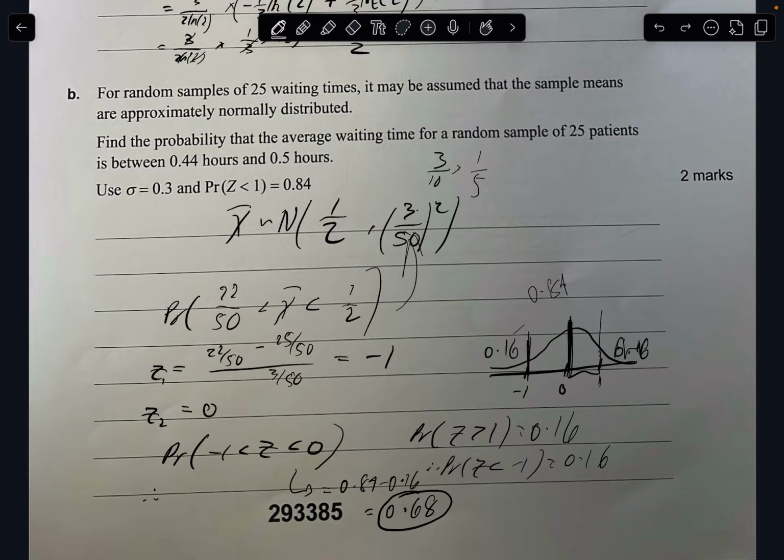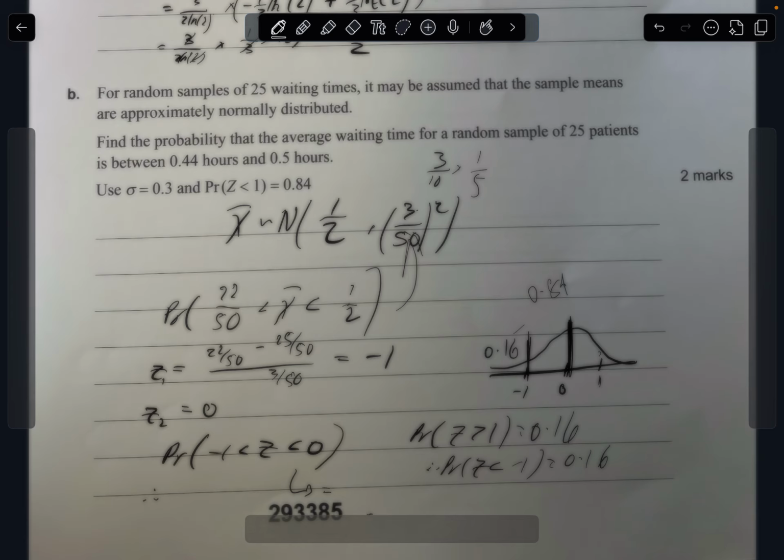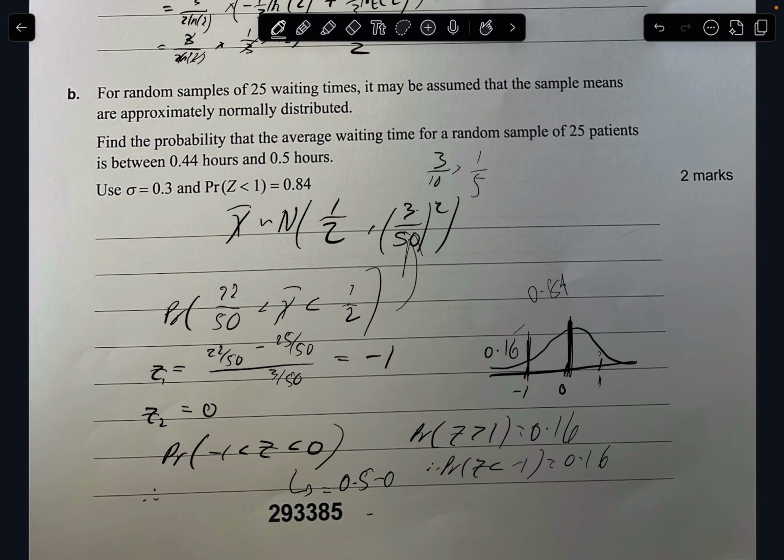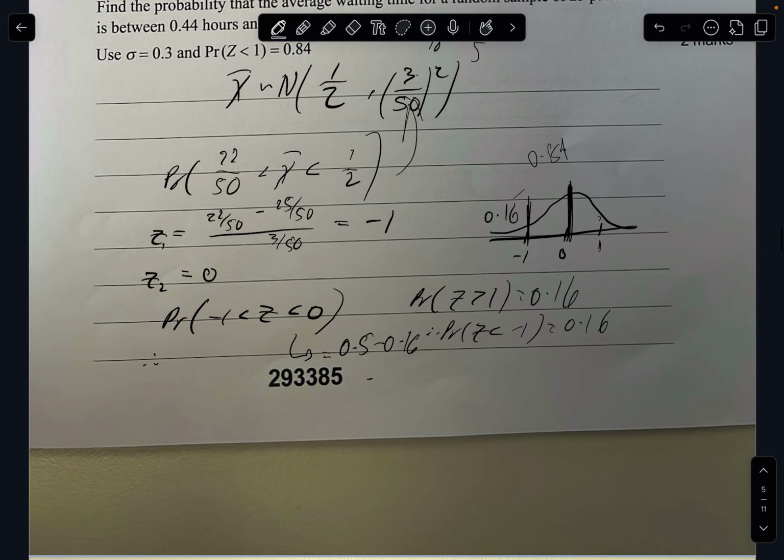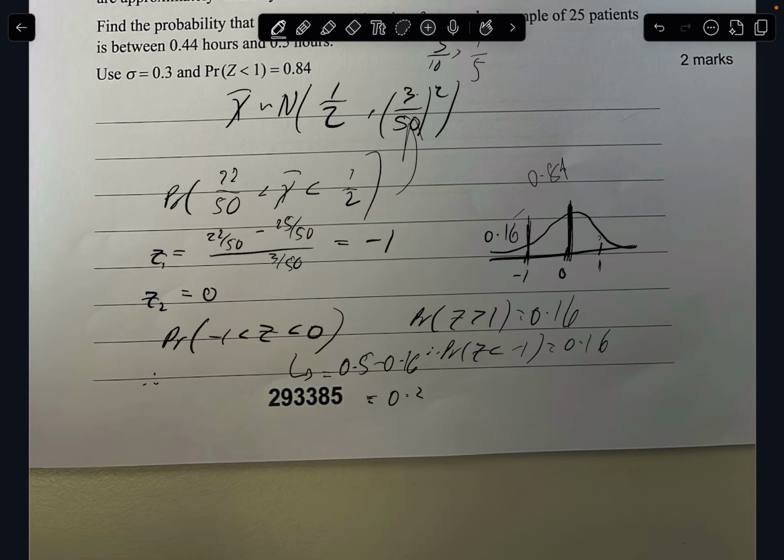So this is the 0.68. And what am I doing? I can just say 0.5 minus 0.16. That's 0.34. Okay.